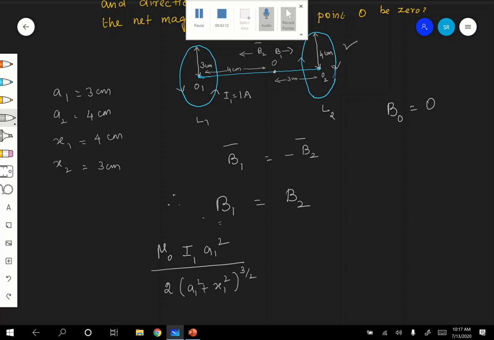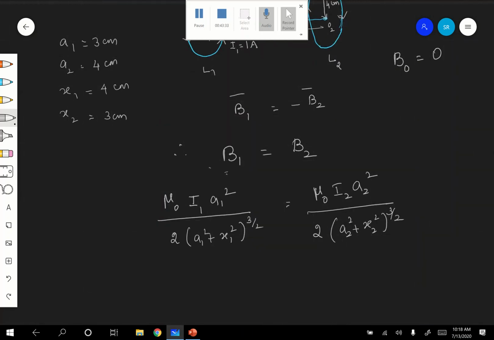Radius is A here. That is equal to mu naught I2 A2 squared divided by 2 into (A2 squared plus X2 squared) the whole power 3 by 2. Is it clear? Therefore, mu naught everything will cancel here, right?